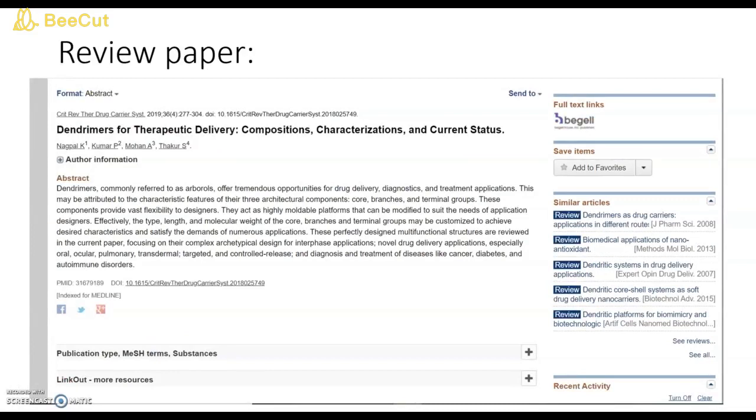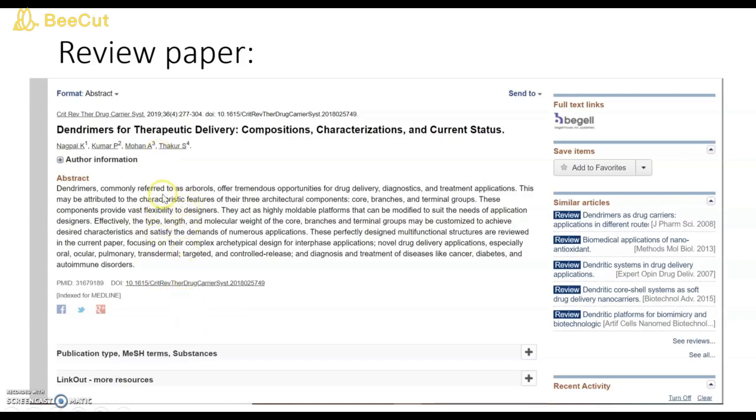The third type is review paper, where we actually carry out the literature review of all the works that have been done in the past. Okay, we cite those publications in our citations in the references section.